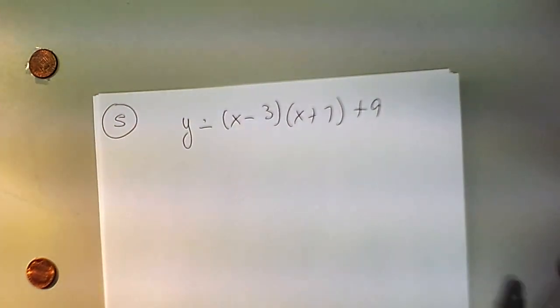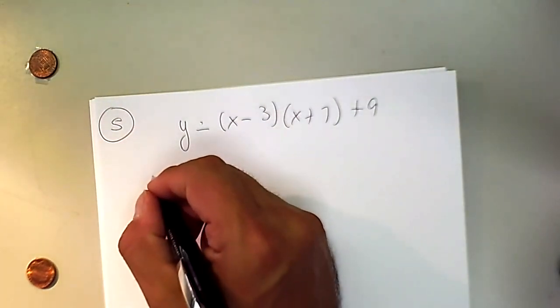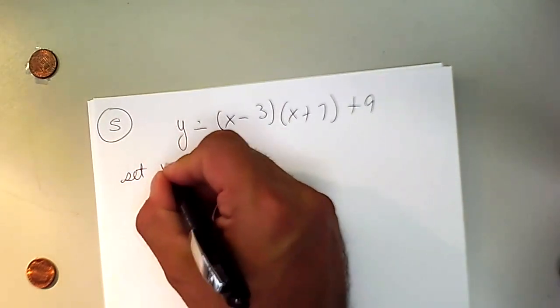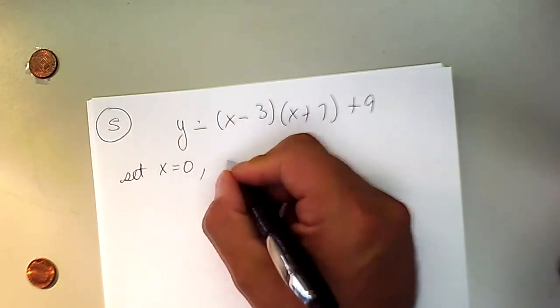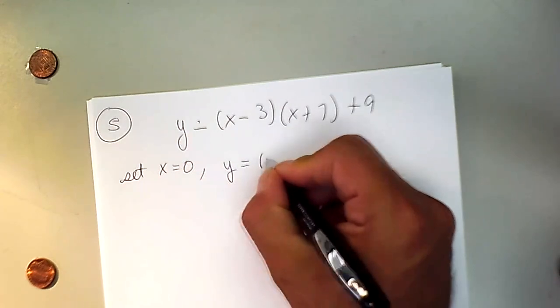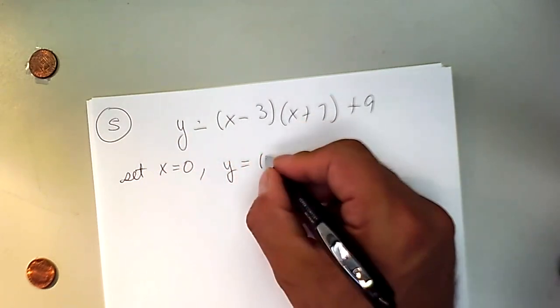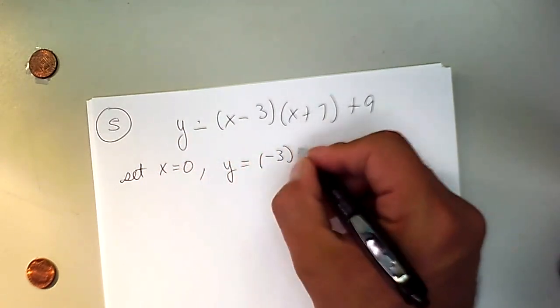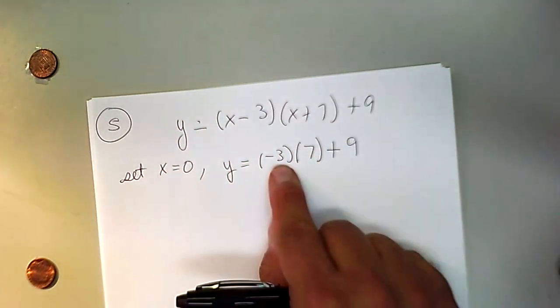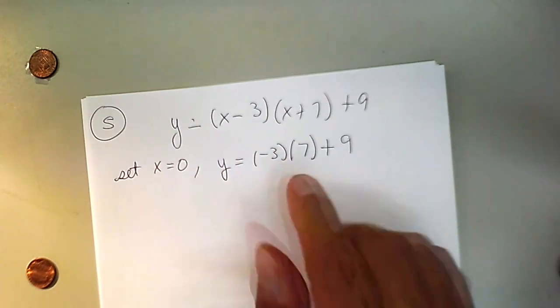Okay. So to find the y-intercept, we set x to be 0. So y is equal to (0 minus 3), -3, times (0 plus 7), 7. But then on top of that, we're going to add 9. Notice that we are multiplying those two.